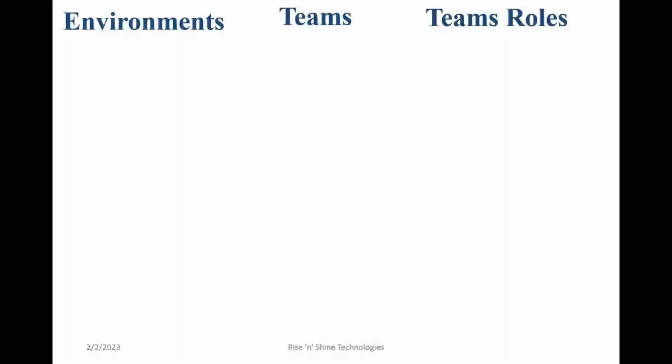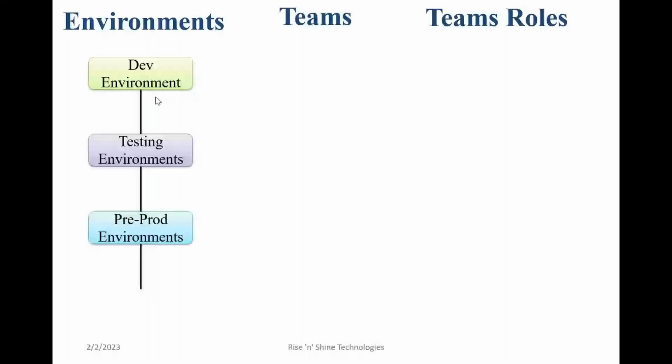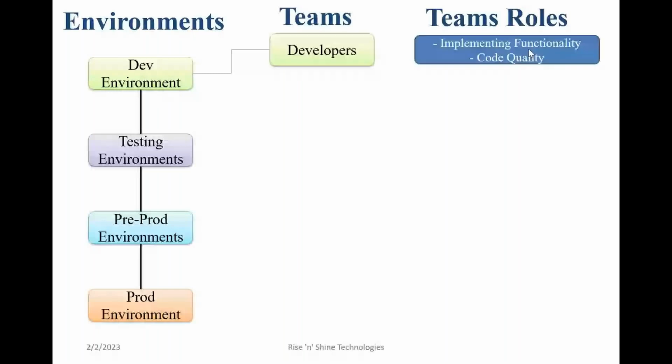Now to conclude, the development environment: the team involved is the developers. Their role is functionality implementation, and whatever code they implement, they also need to make sure of the code quality and that the code is working properly.